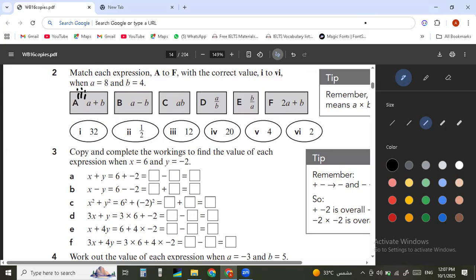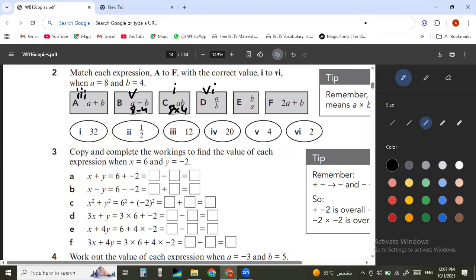And then A minus B, which is 8 minus 4, which is 4, which is V. A times B, which means 8 times 4, which is 32. 32 is I. A over B, which means 8 divided by 4, which is 2, which is VI.